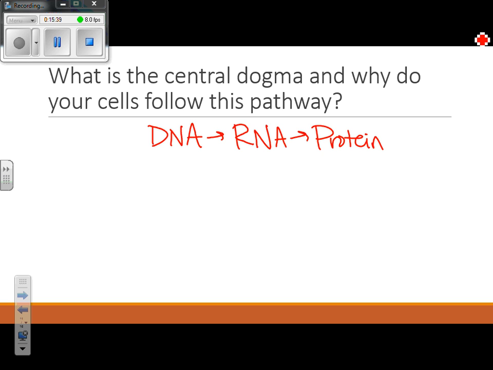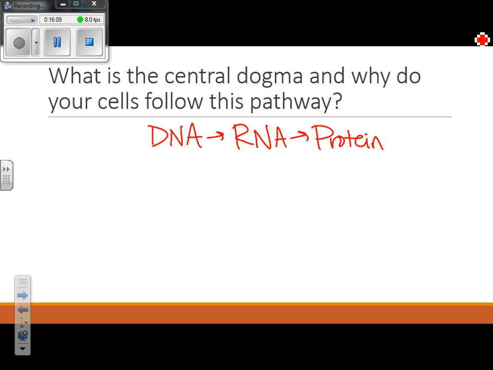I would recommend looking at what some similarities are between transcription and translation, and what some of the major differences are between these two processes. Make sure you understand why transcription and translation have to occur and where they happen, because that might be something that you see again down the road. Oh, maybe on your test day.